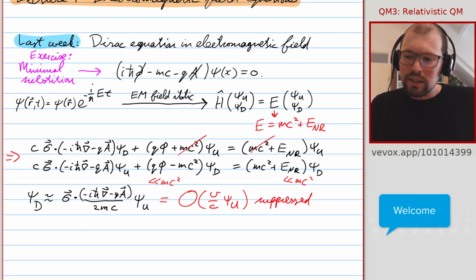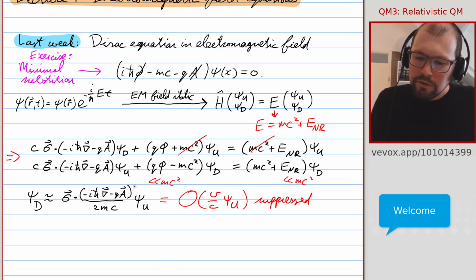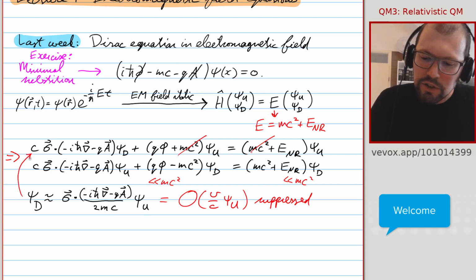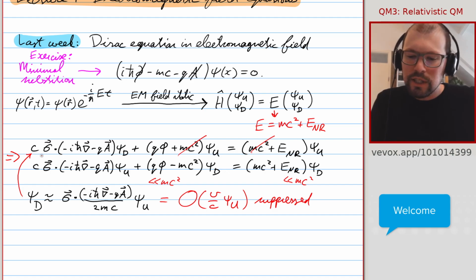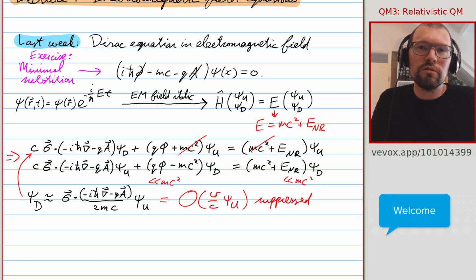We cannot exactly neglect these two lower components, because if we now substitute this solution into the first equation, we see that it's multiplied by the speed of light again. So we get the speed of light times v over the speed of light. So this term is really proportional to the velocity, so it's not negligible.